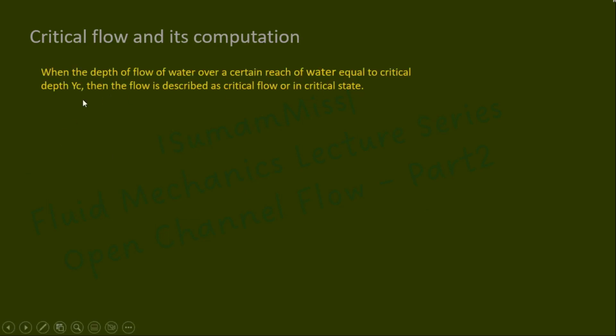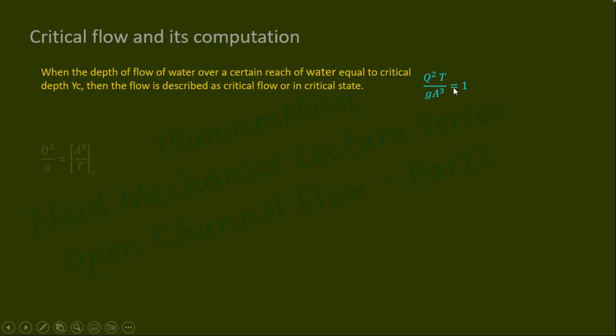Now let us discuss the various equations which can be utilized to represent the critical state of flow. During critical state of flow, flow depth is critical. Similarly, flow velocity is known as critical flow velocity. So Q square T by G A cube equal to 1 is the condition to represent the critical state of flow irrespective of the shape of the channel.